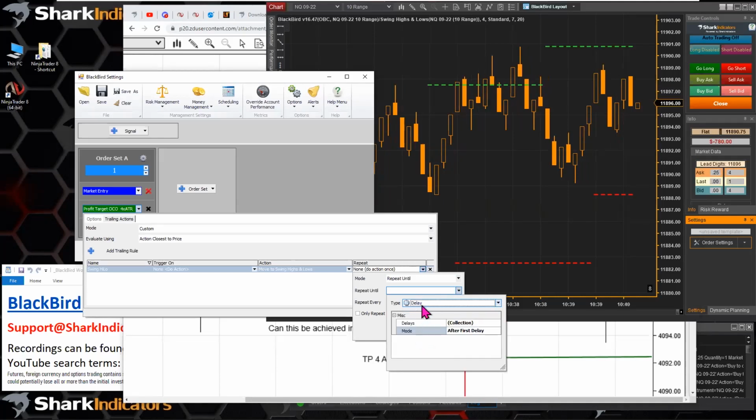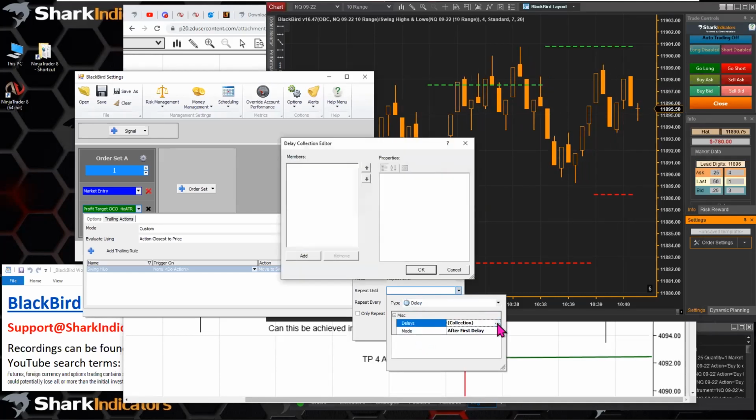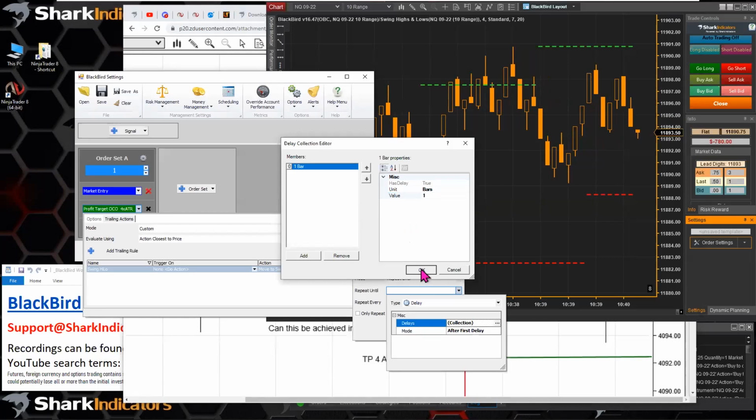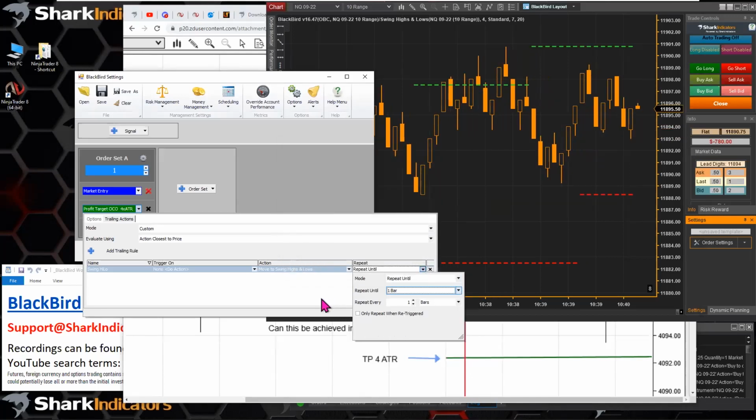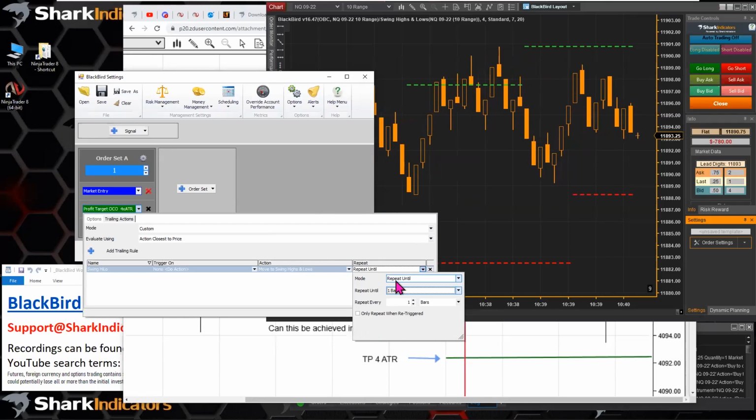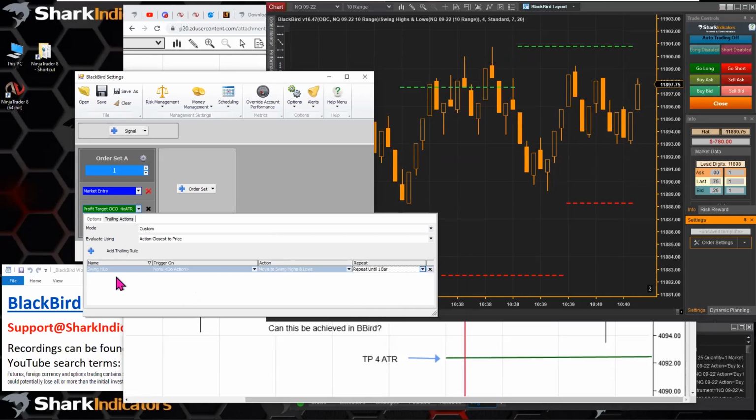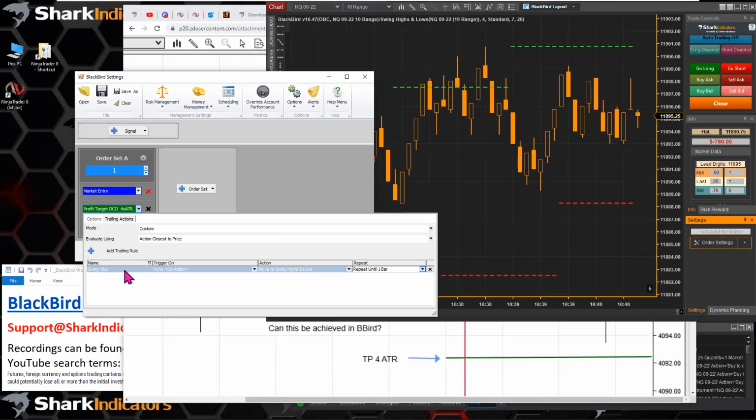So you go and use the delay, and with the delay, we're going to add a 1 bar delay there. There we go. So with the repeat set to repeat until 1 bar, basically that limits this trailing rule to only be evaluated on that bar that the profit target is placed on. Right.